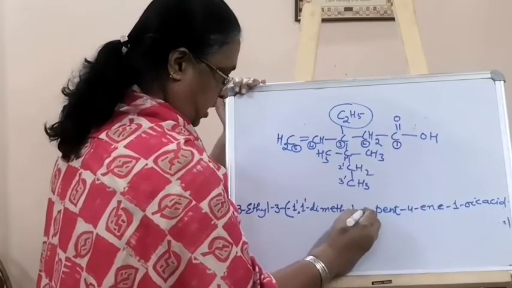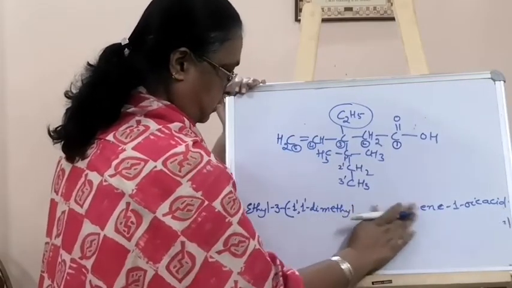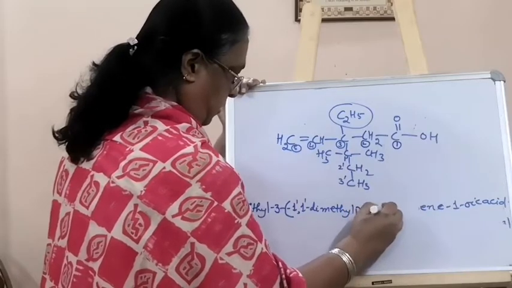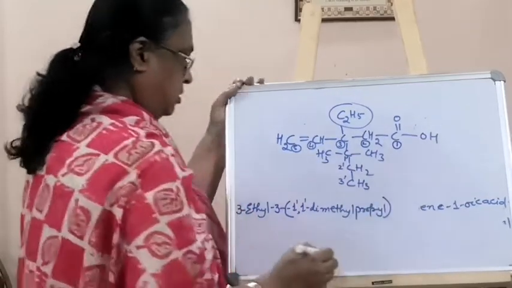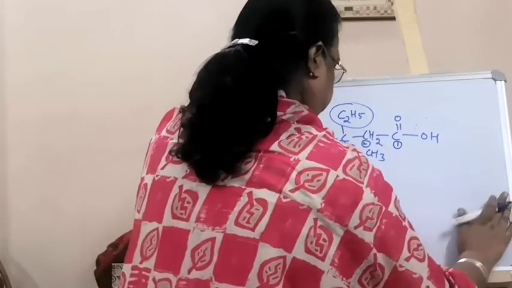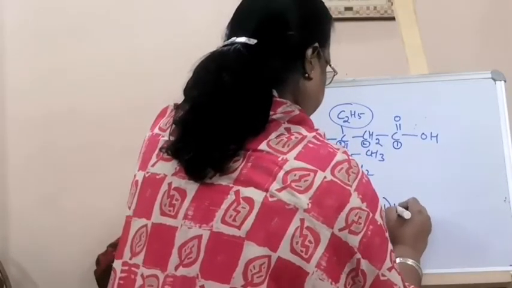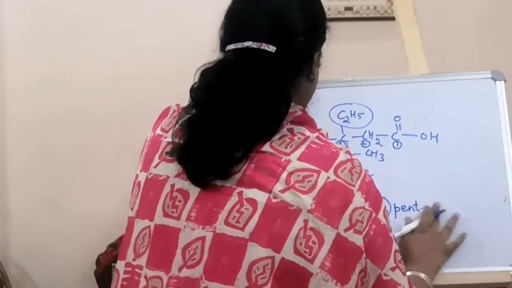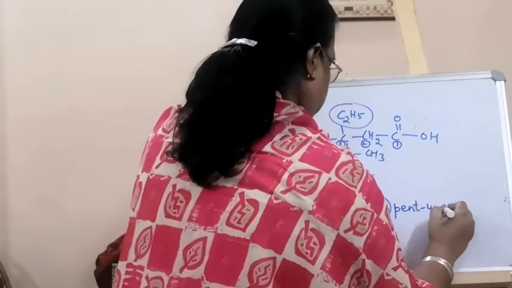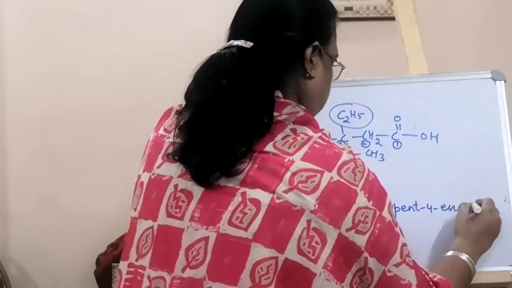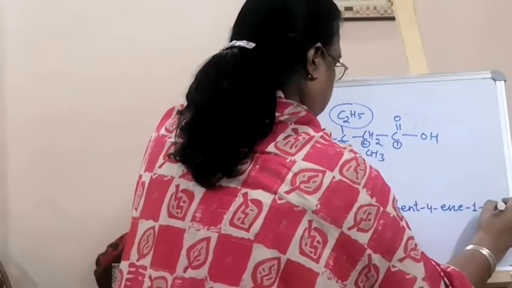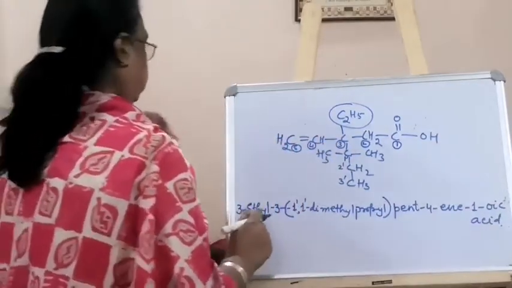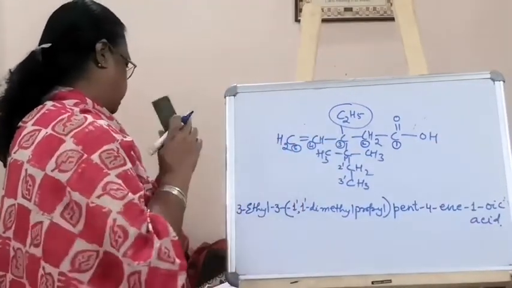Propyl. So here we will write propyl, bracket close, and this side we have pent-4-en-1-oic acid. So this is for the branch.